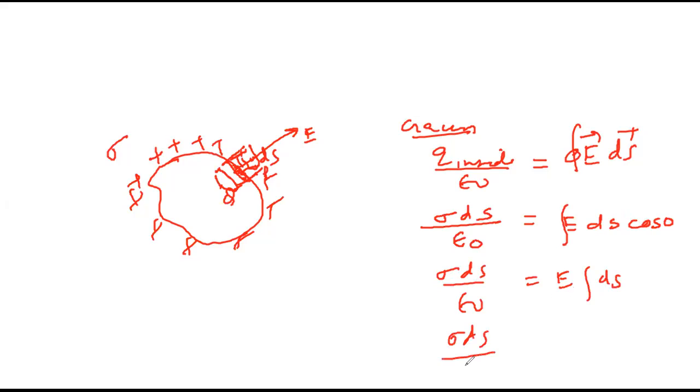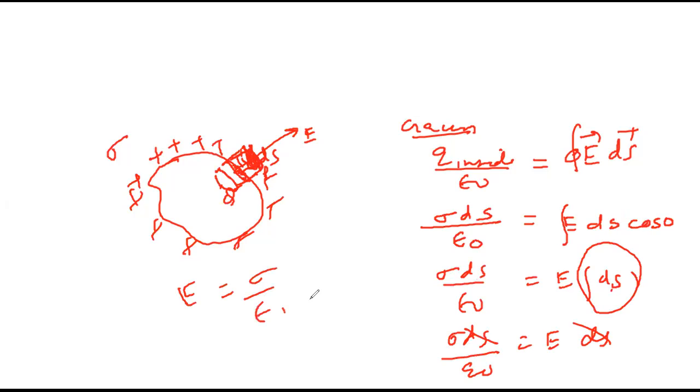Integration of ds is ds only because we are talking about only this much part, this full area. So ds I can cancel. Therefore E is sigma upon epsilon. Clear? Yes, sir.